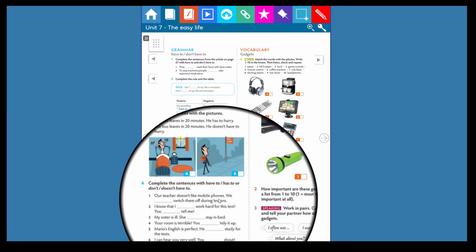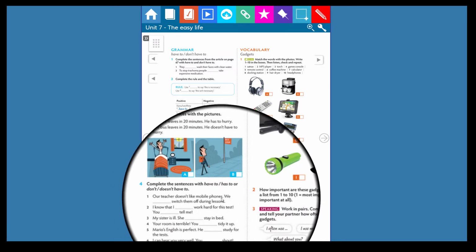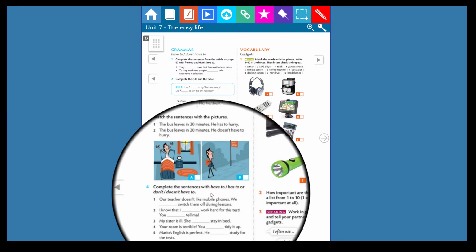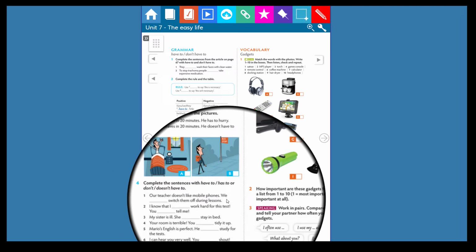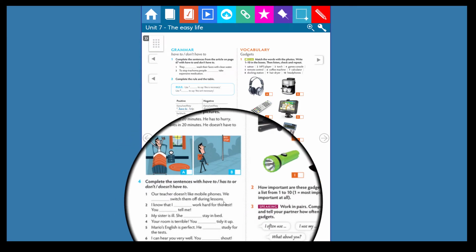We switch them off during lessons. What do you think? We have to, we has to, we don't have to, or we doesn't have to? The correct answer is we have to switch them off during lessons.